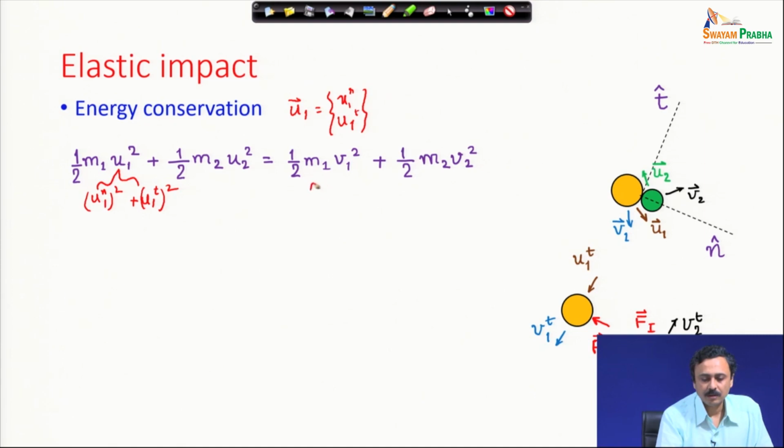Similarly, on the right hand side, the outgoing velocity of particle 1, the square of the magnitude of the outgoing velocity v1, you have v1 normal square plus v1 tangential square.